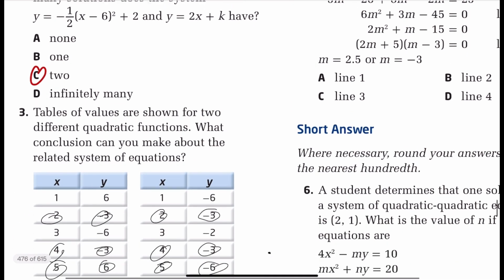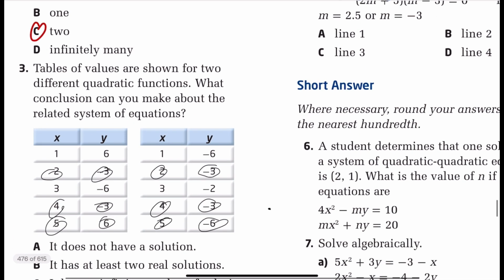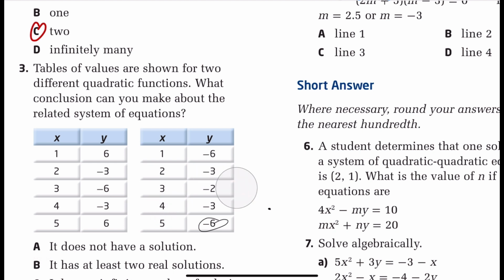Question 3, a table is shown. The table of values is shown for two different graphed functions. What conclusion can you make about the related system of equations? The table of values has 2 points.